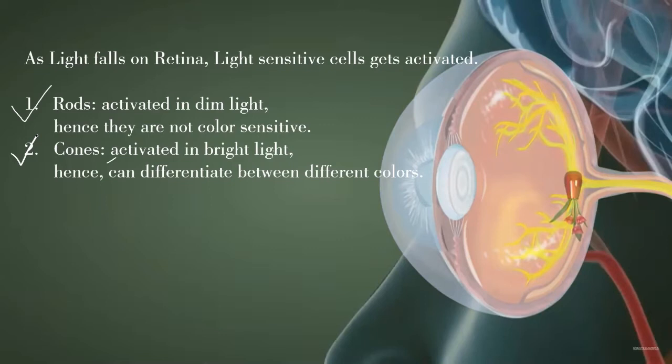Cones, C for cones, C for colors. Rods are activated in dim light, hence they cannot differentiate between colors. People who have color blindness have some defect in their cone cells.